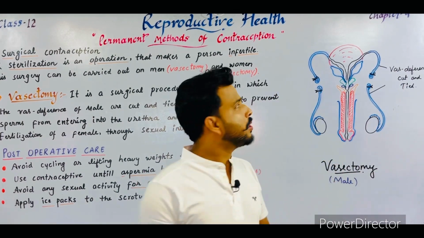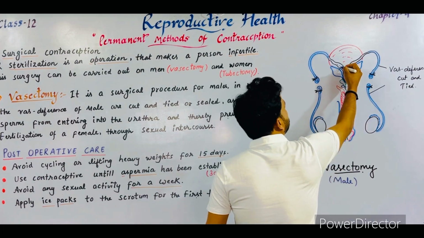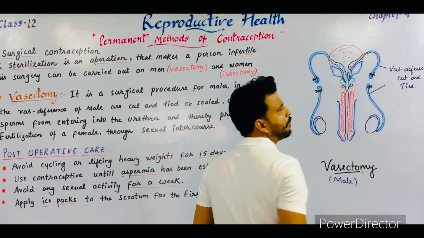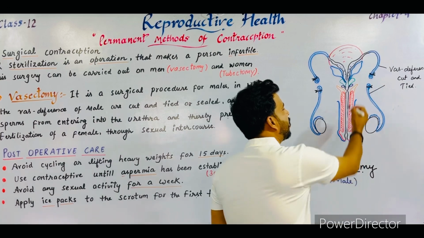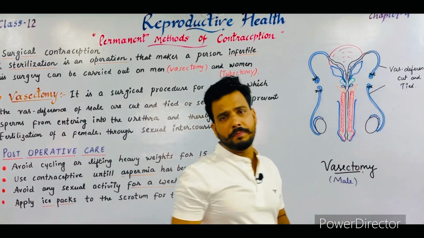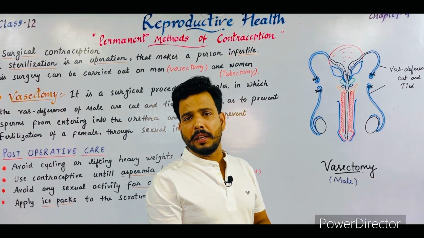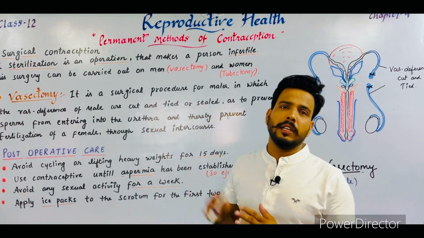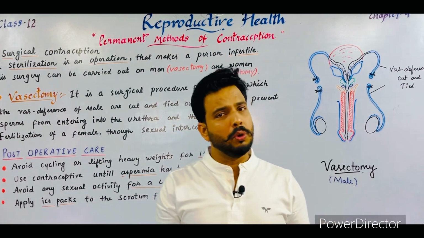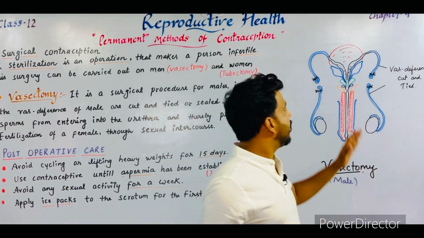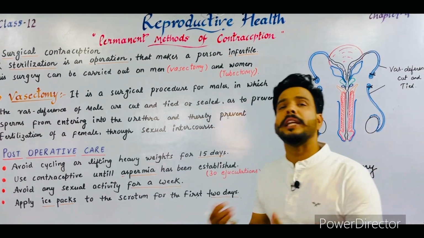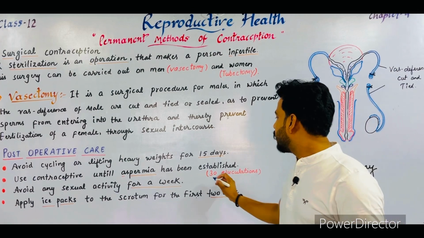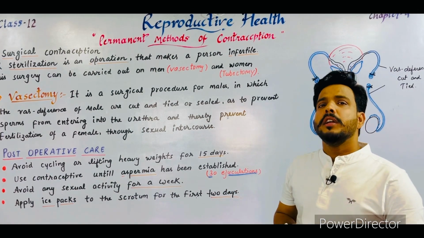But sometimes it is possible that in the reproductive tract, maybe in the seminal vesicle or inside the urethra, some sperm are present and they may fertilize the female. So it is very risky after the operation, and the female may become pregnant. So you should avoid intercourse without any contraception at least until 30 ejaculations.